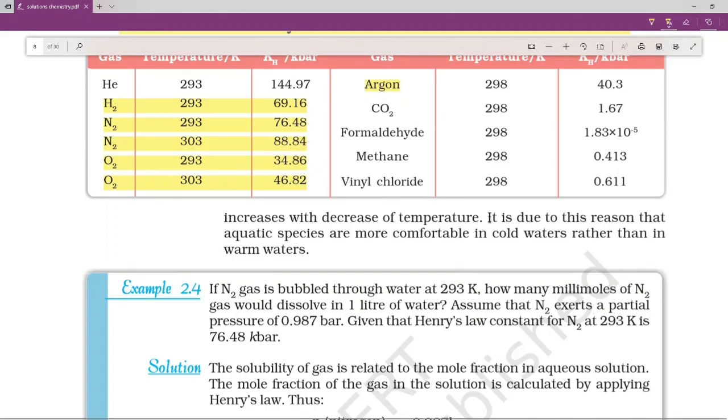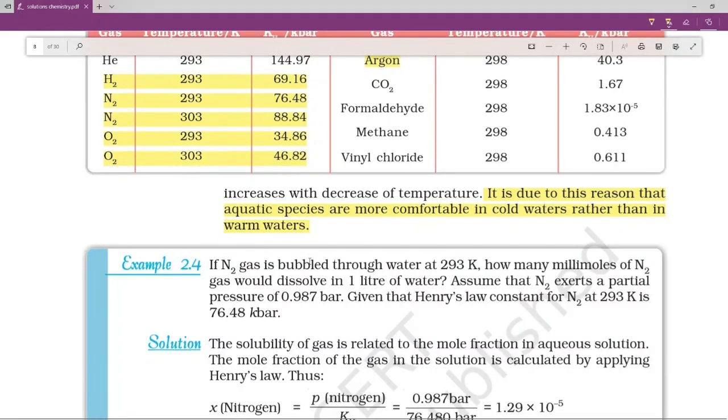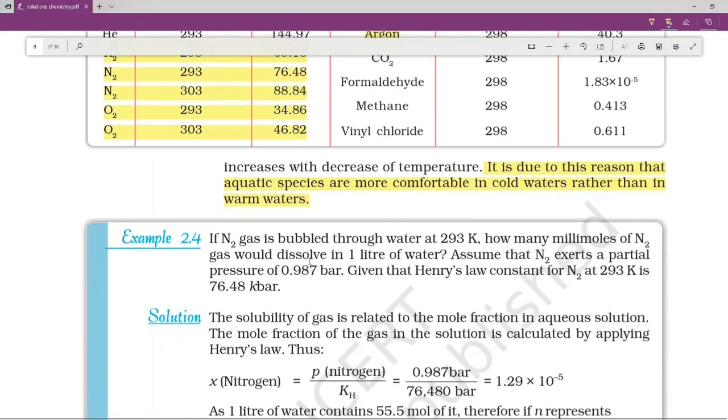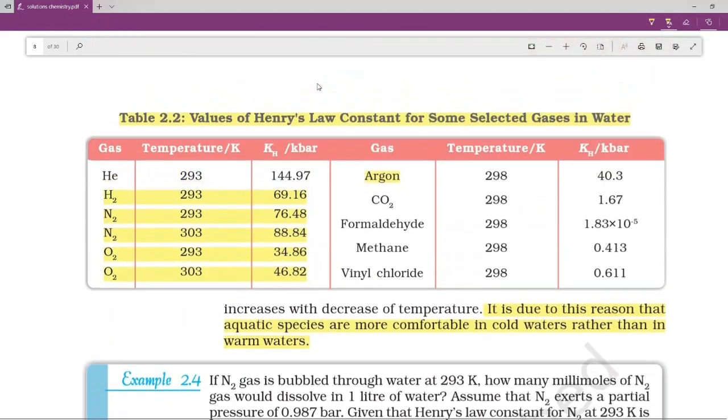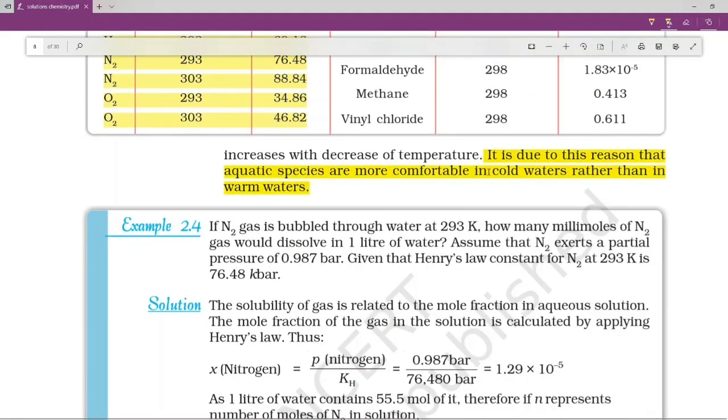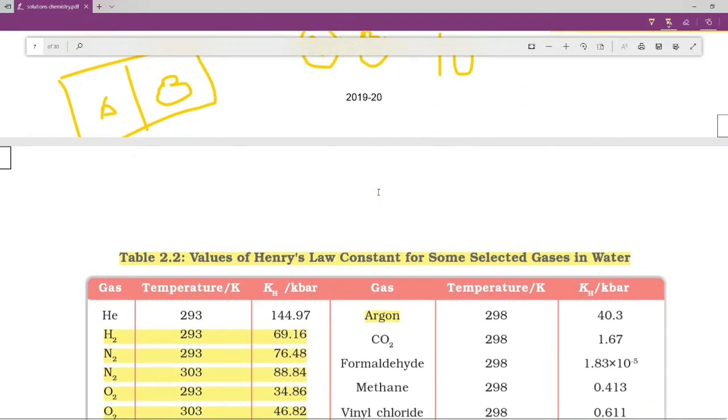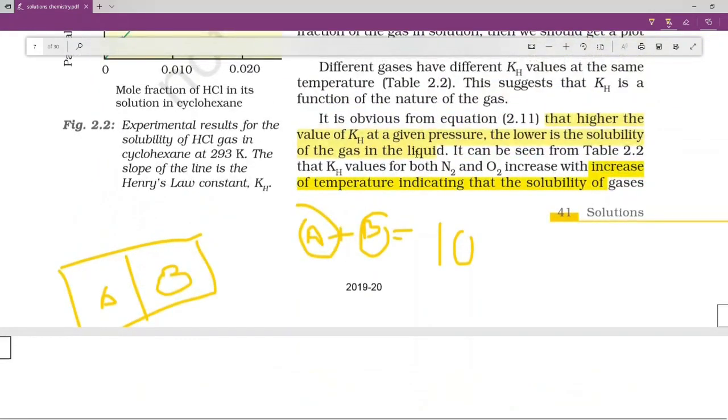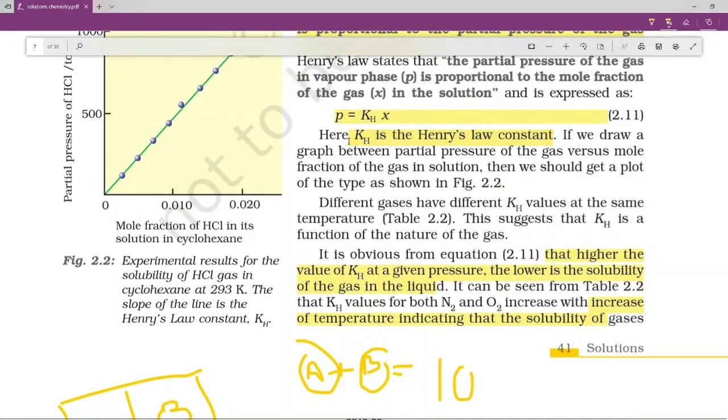That's the reason why aquatic species are more comfortable in cold water rather than in warm water. That is one of the most important things you concluded from this detailed discussion. So please keep in mind the relation of temperature and pressure in the case of Henry's law.